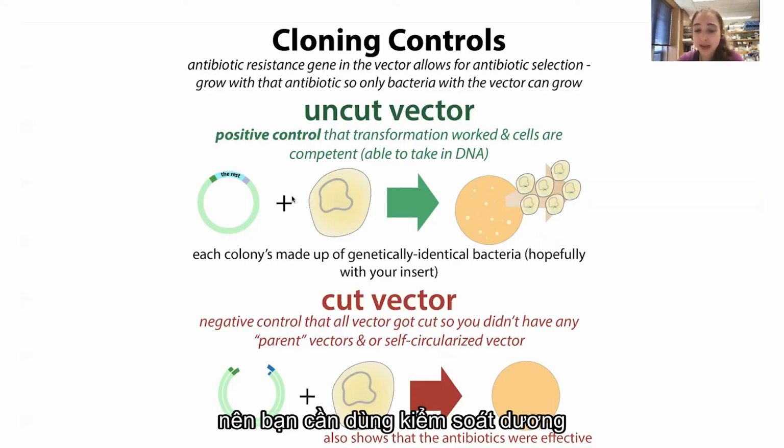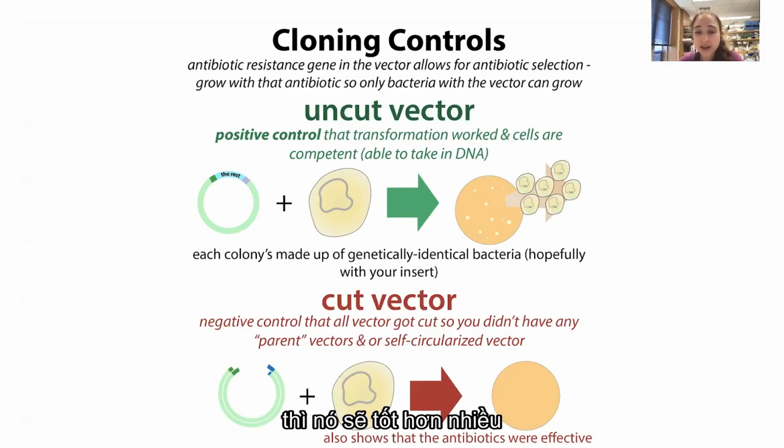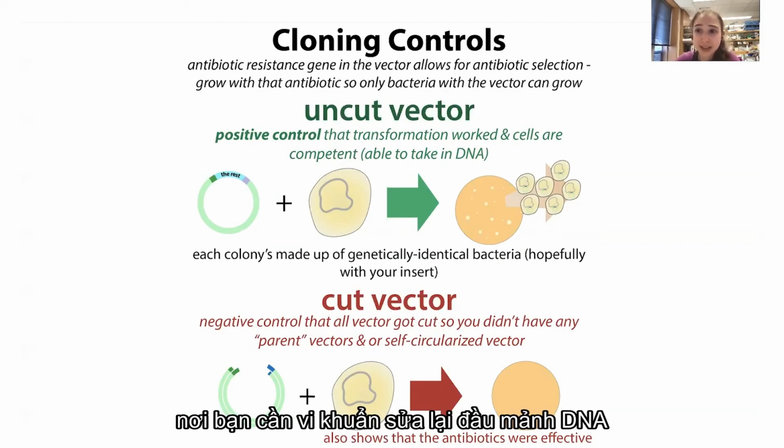So you want to use a positive control, like a plasmid that you know is good. Then it'll make lots of copies. Just a note: a positive control that's already a mini prep will transform a lot better than something like a SLIC product, where you're actually saying, bacteria, please fix the ends of these.